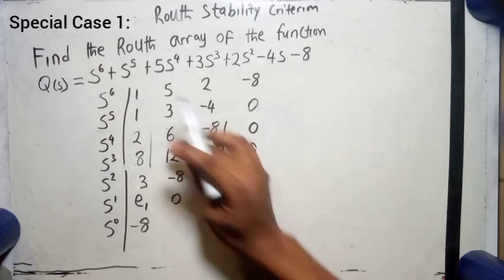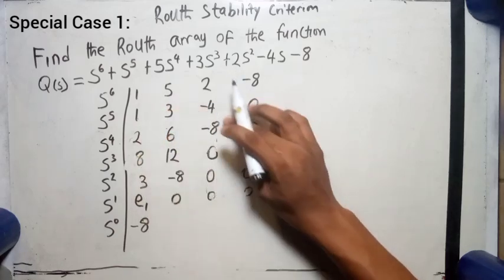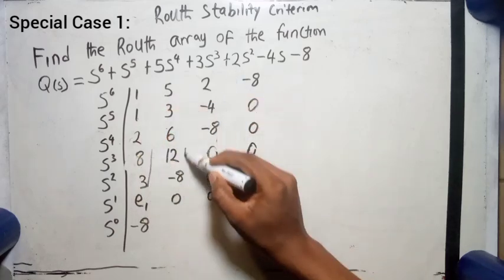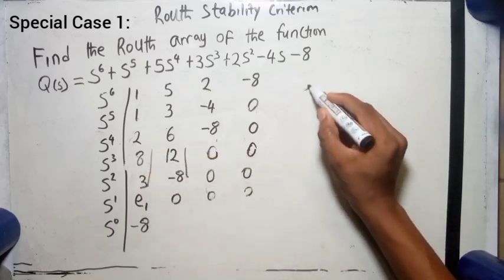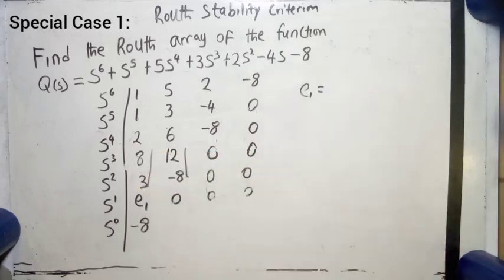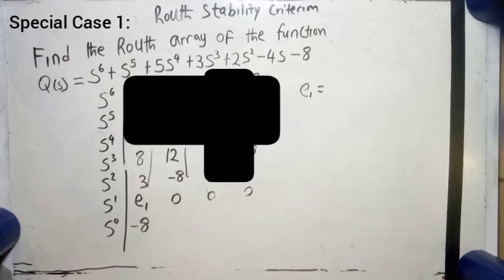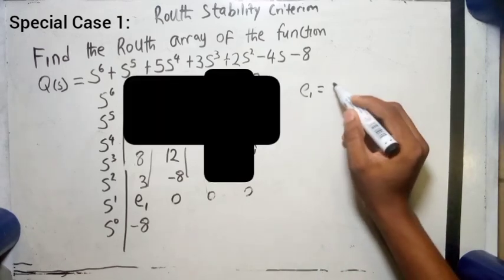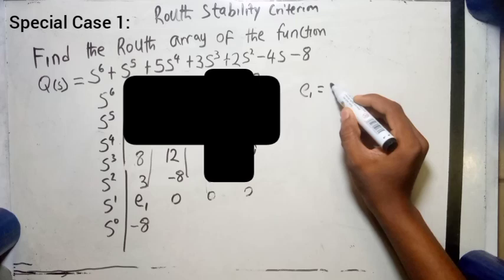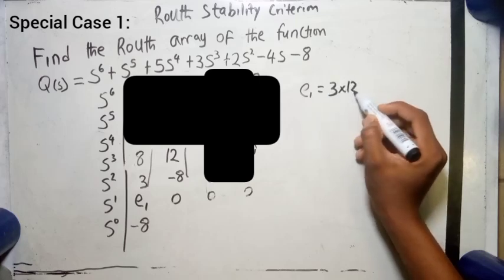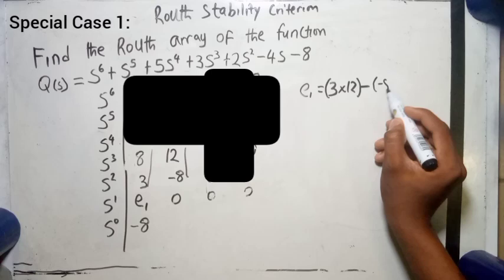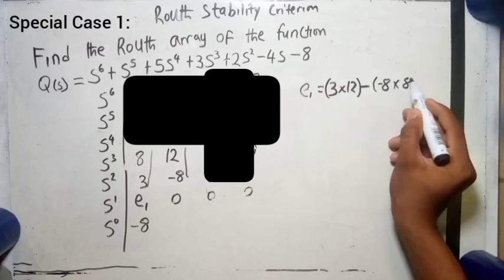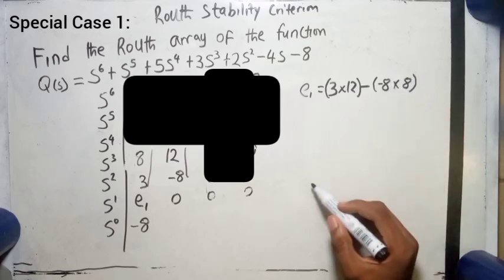For our E, we'll be considering just these two columns, the two of them. Now for E1 we'll be having 3 times 12 minus 8 times 8, right?